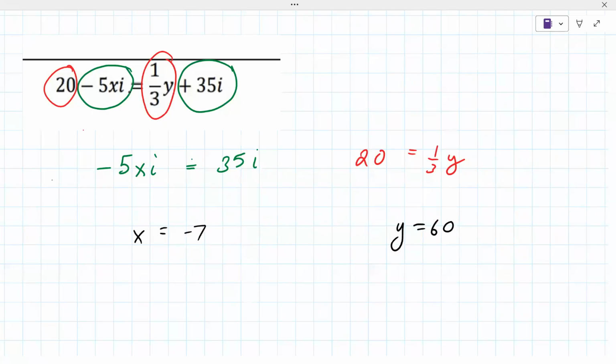X should equal -7 though. Oh, yeah, right. I think I forgot to put a negative, but yeah, it would be negative 7 and 60. Okay. Good. Good. What else is on the list?